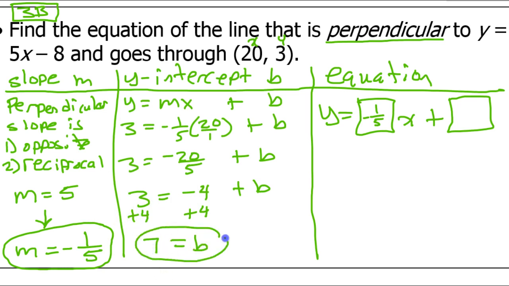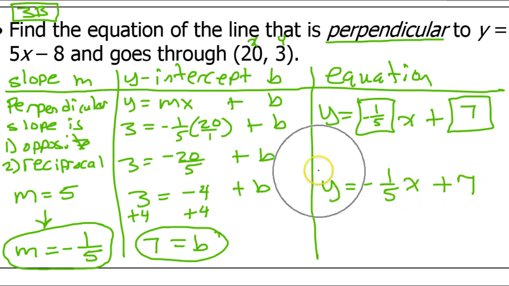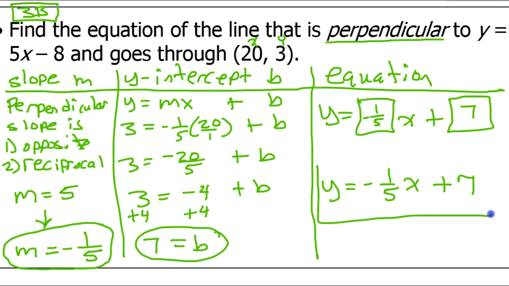So b is 7. So I can just go ahead and put 7 here. So my answer, without the boxes, is y is equal to negative 1/5 x plus 7. Okay, so that's number 3, part B.